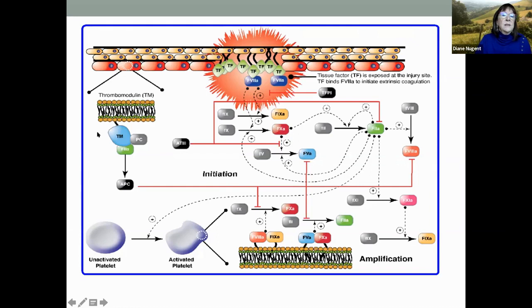Over here on the side, there's a structure of the wall downstream from the clot, and these red lines mean breaking or blocking clot formation. As soon as you start to form a clot, you also start trying to control how large it is, so that you don't clot up your whole circulatory system.